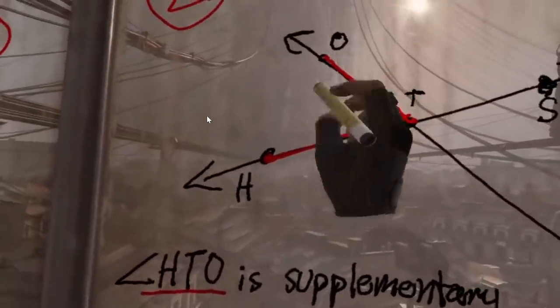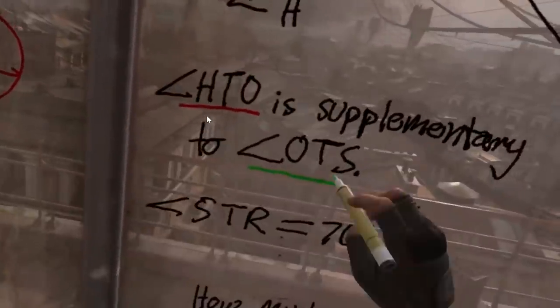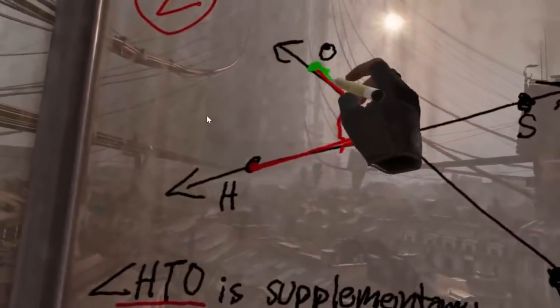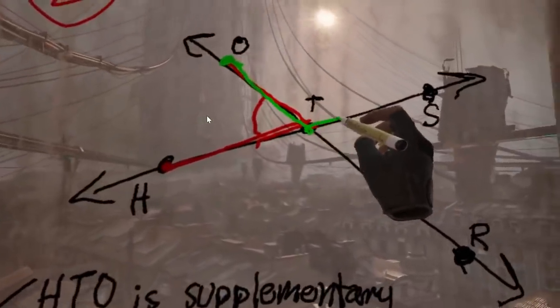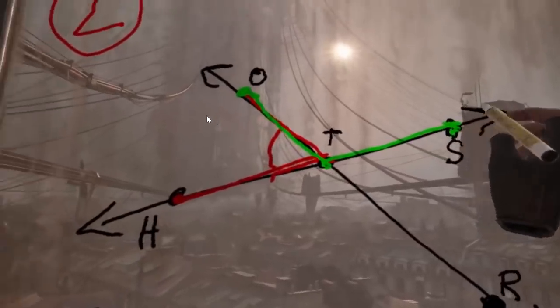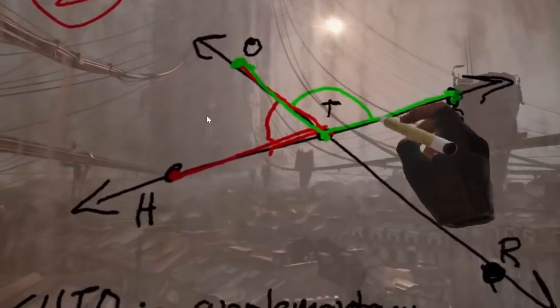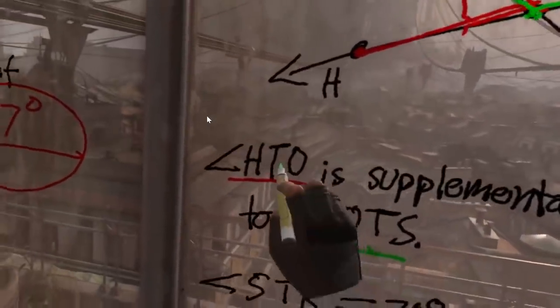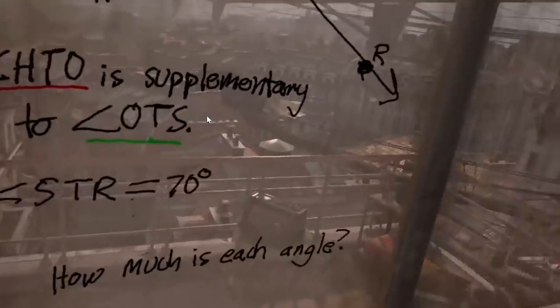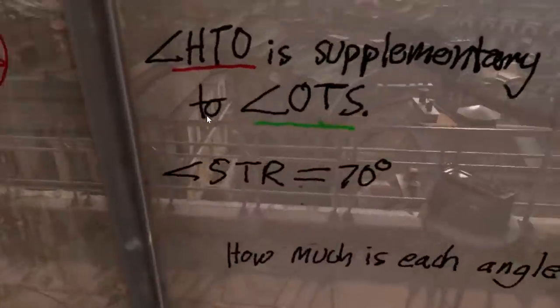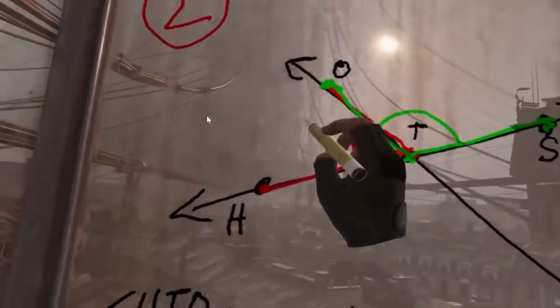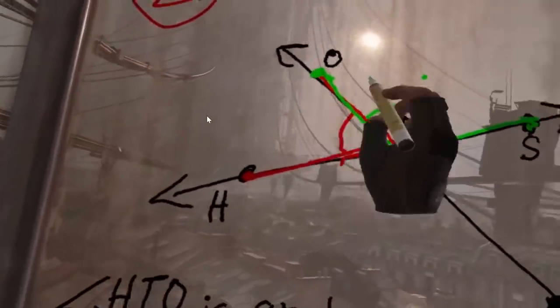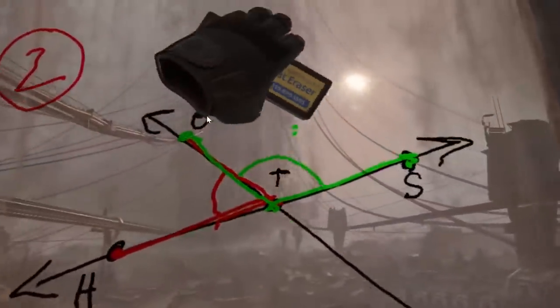So I find point O, here it is, O to T to S. Okay? So we know that this angle over here, OTS, is supplementary to HTO. And so what does that mean? It means that together, this angle and this angle are going to equal 180 degrees.